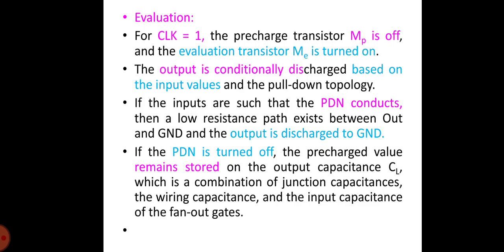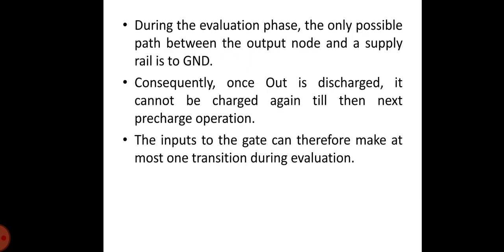If the inputs are such that the PDN conducts, then a lower resistance path exists between out and ground and the output is discharged to ground. If the pull-down network is turned off, the pre-charged value remains stored on the output capacitance CL, which is a combination of the junction capacitances, the wiring capacitance and the input capacitance of the fan-out gates.